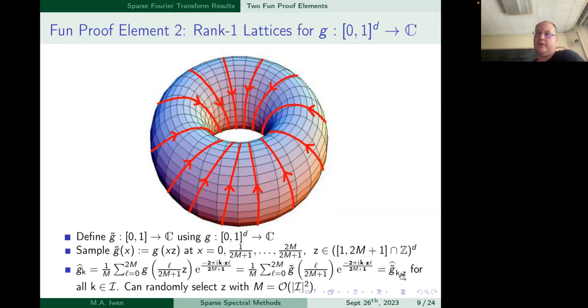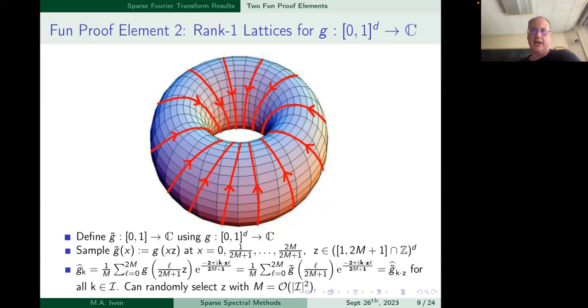And so if I choose Z well, and I'm able to figure out how to map these frequencies that I'm able to learn from my one-dimensional method back to these frequencies K in an efficient way, I can take a sparse Fourier transform on functions of 1 variable and use it to get a sparse Fourier transform for functions of D variables.